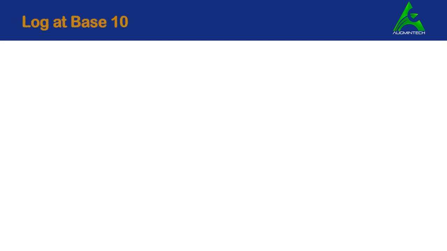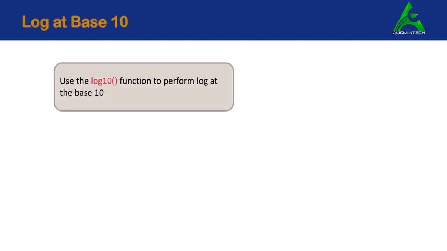And then let's see what is log at base 10. So here we use the log10 function to perform log at the base 10. And then we first get the array between range like say 1 to 10 and then we will try getting the log to the base 10 of these numbers between 1 to 10.